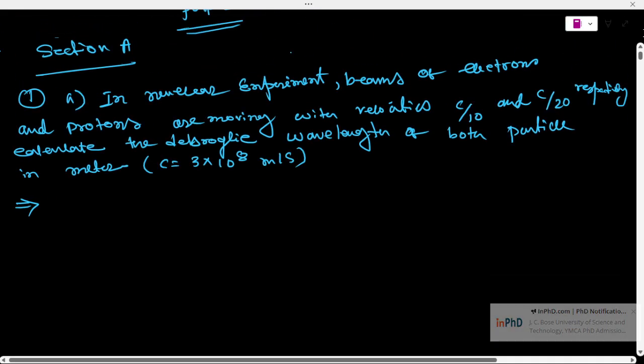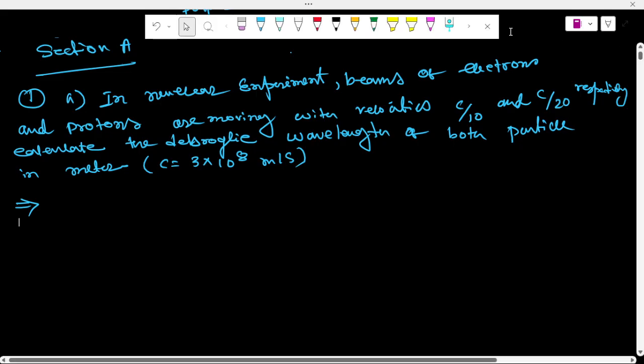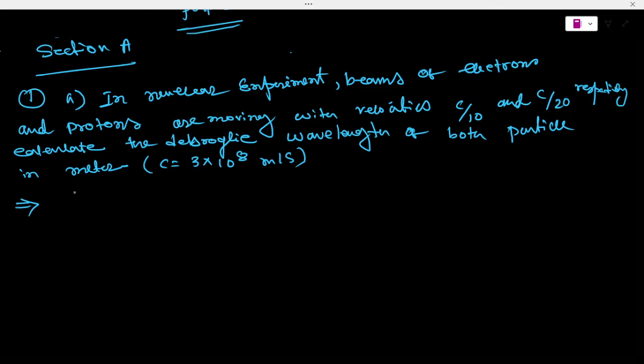Question number 1 says that in a nuclear experiment, a beam of electrons is given, and I have to solve for the de Broglie wavelength, where the speed of light is given as 3 into 10 to the power 8 meter per second.